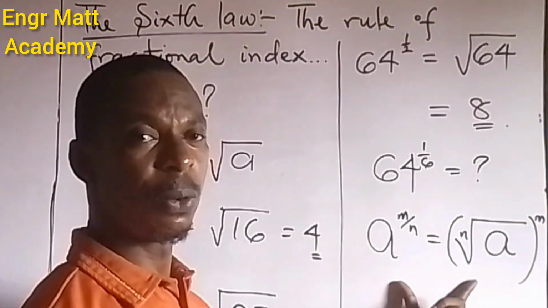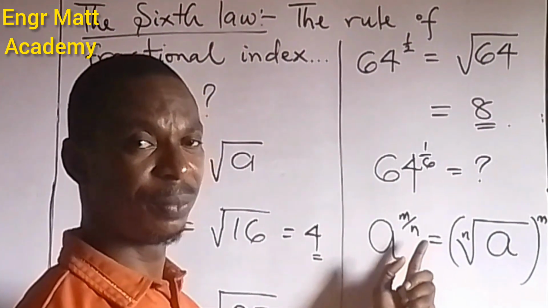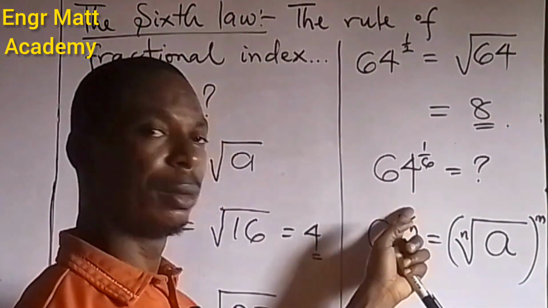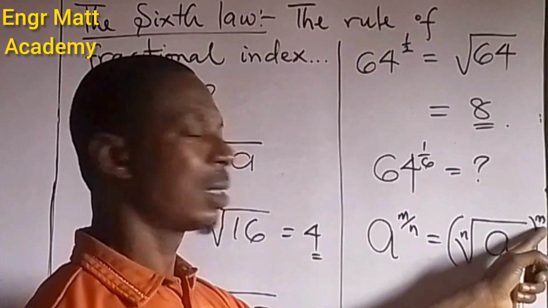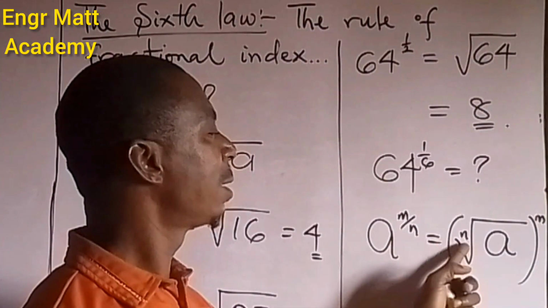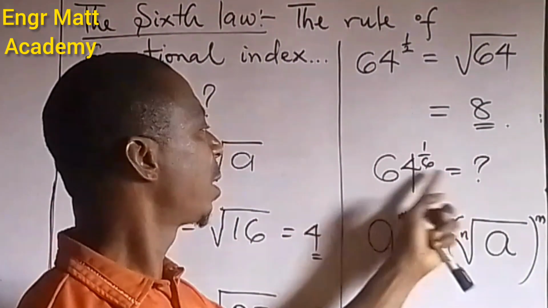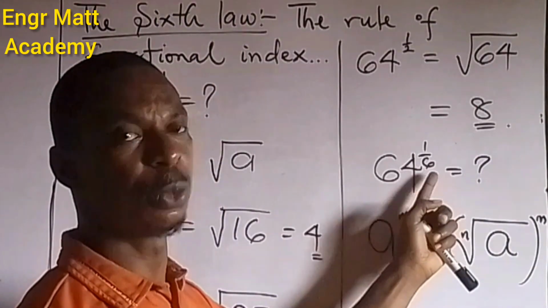This means that when a number has a fraction as the power, the numerator remains as the power, while the denominator tells us the type of root we are dealing with. In this case, we are dealing with the sixth root.